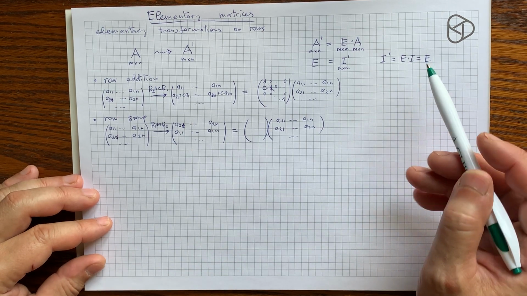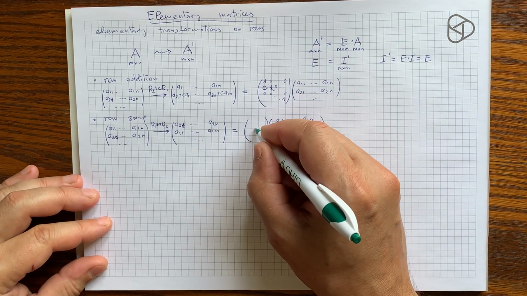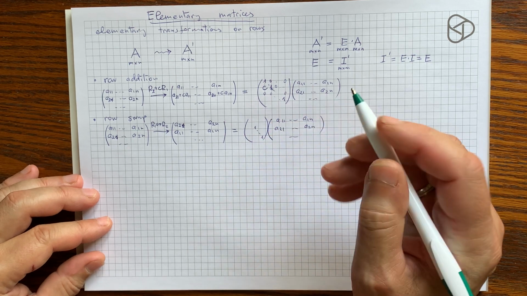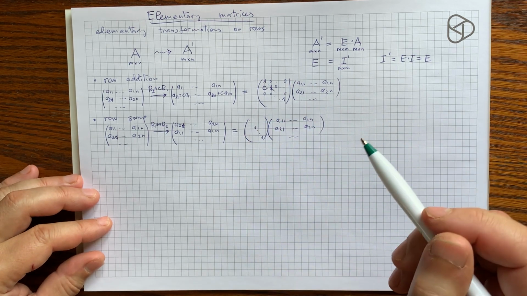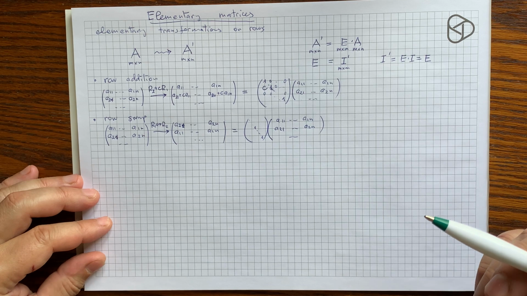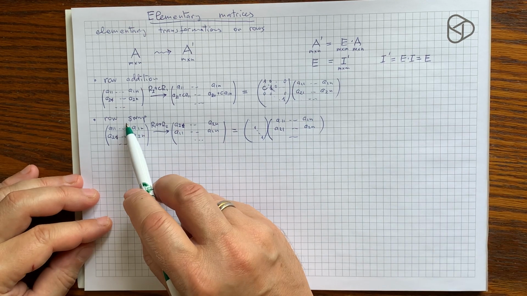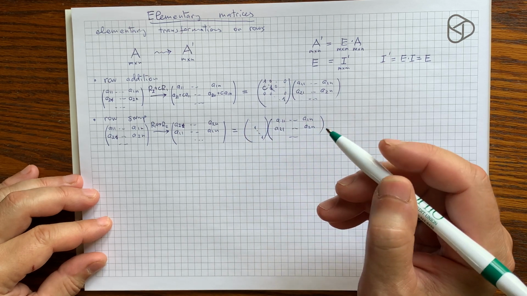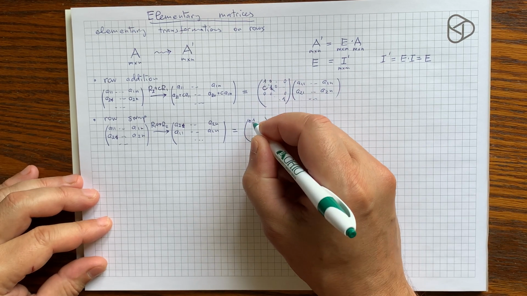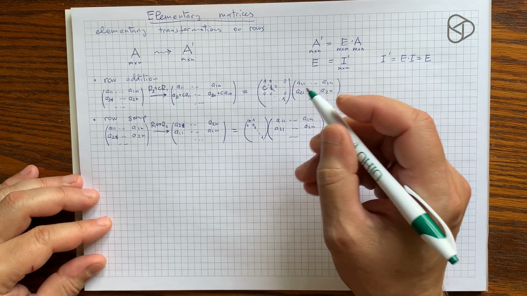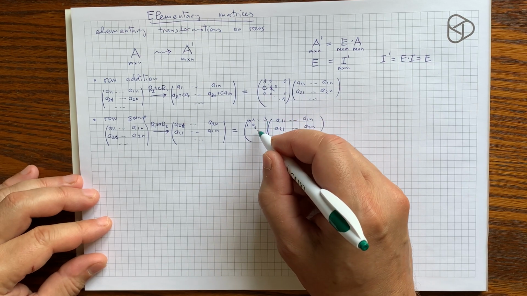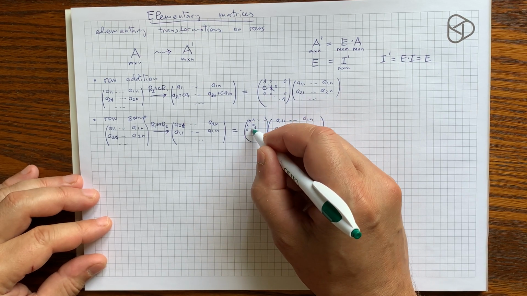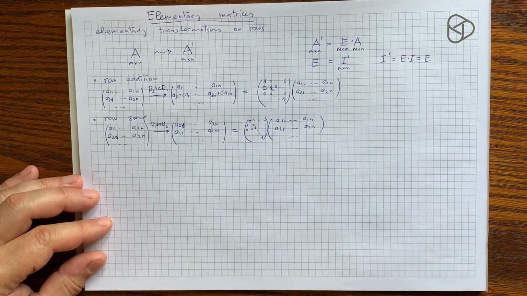Again, the recipe is take the identity matrix, so I'll write it everywhere else up, but not in the first two lines, and then do that transformation to the identity matrix. So when we swap the first two lines of the identity matrix, we will have this answer, and then zeros everywhere else. And then it will be 0, 0, and then 1 and zeros everywhere else.